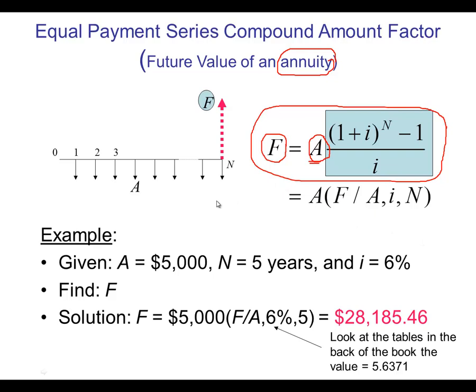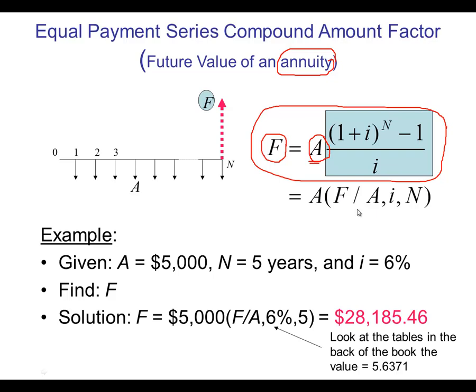As we said before, we can use three methods. The mathematical method, using the tables in the back of the book, and Excel sheets. In table form, this formula is translated as F equals A multiplied by (F/A, i, n).